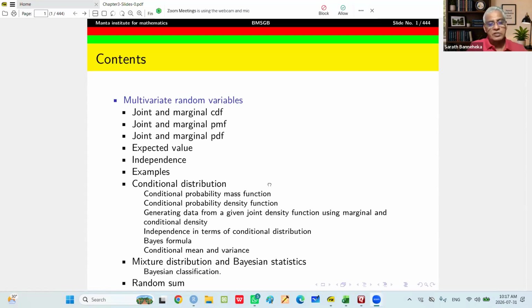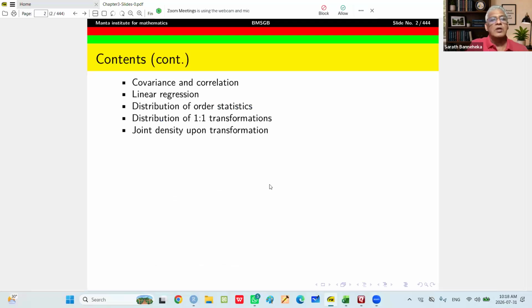In this lecture, we will start with covariance and correlation, and then we will continue to linear regression, distribution of order statistics, distribution of one-to-one transformations, joint density upon transformations.